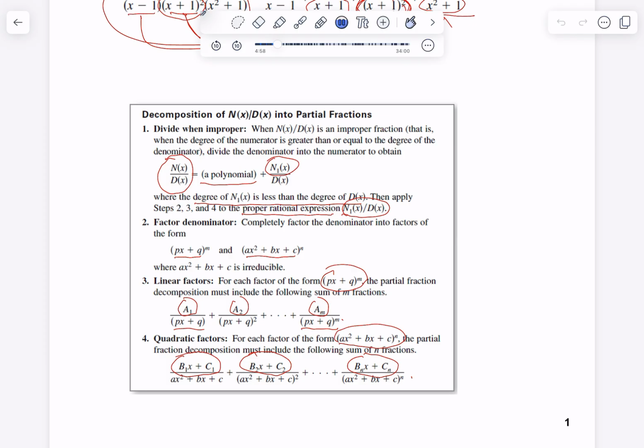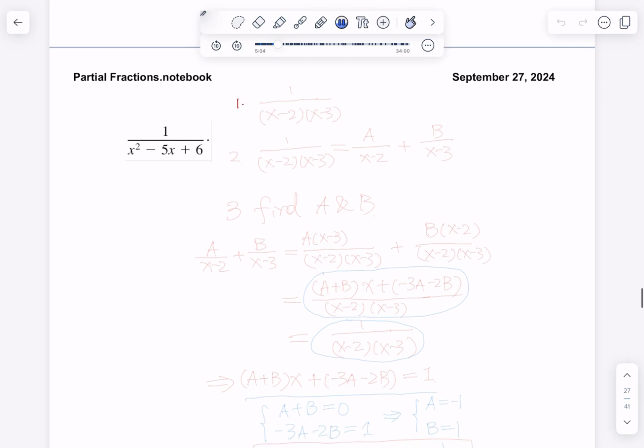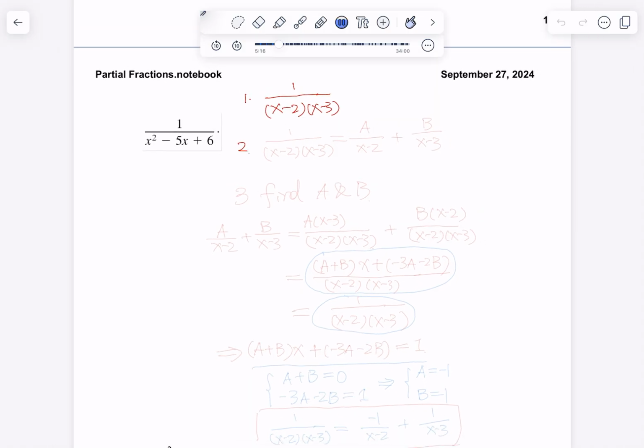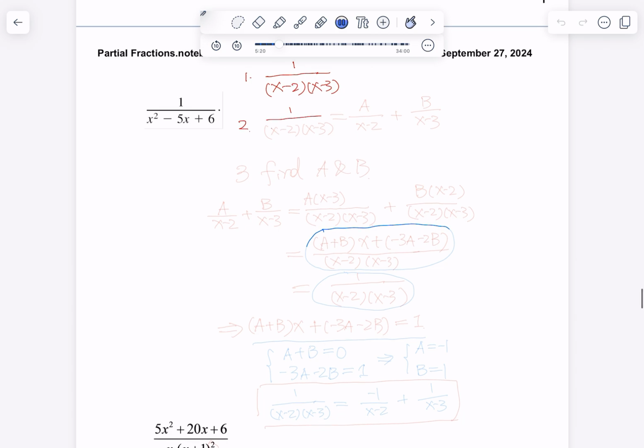Now let's take a look at the example. Step 1, you want to completely factorize the denominator. That will be x minus 2 times x minus 3. Step 2, you want to write all the linear irreducible factors.